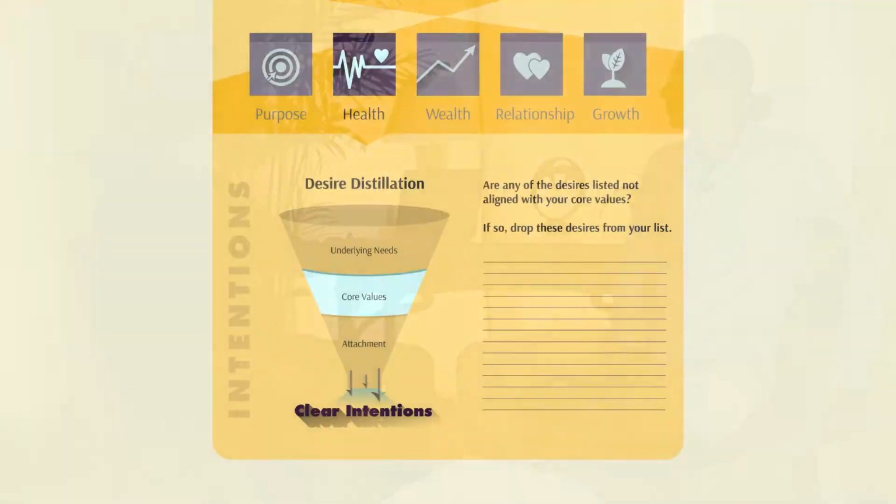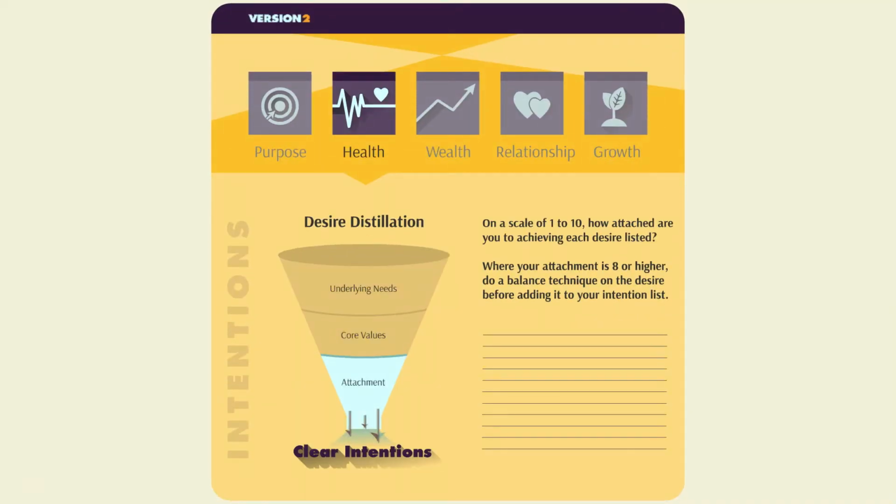Right. So again, you can look at that list and now drop some of those desires based on your core values. The final part of this desire distillation process is looking at attachment. And so on a scale of 1 to 10, how attached are you to achieving those desires on your list? And pick one and ask yourself, how attached are you?